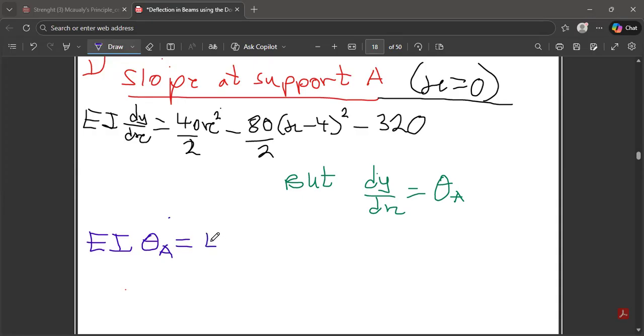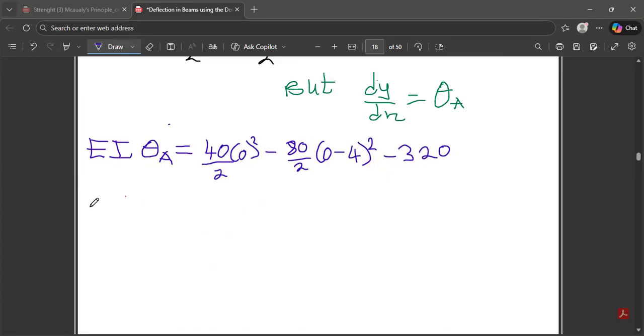by substitution, let's substitute the value of x into it. This is going to be 0 all squared over 2, minus 80 over 2, this is also giving me 0 minus 4, all squared, minus 320. Someone is going to definitely be cancelled out.